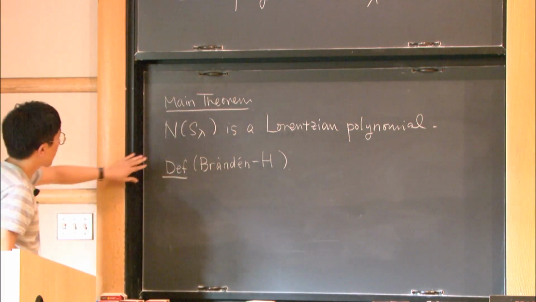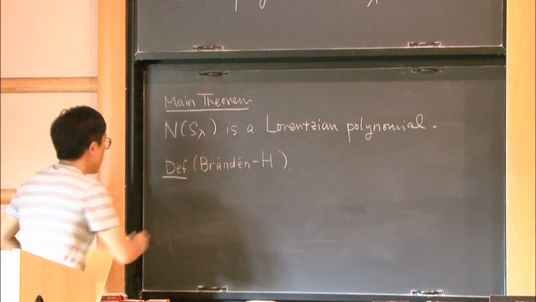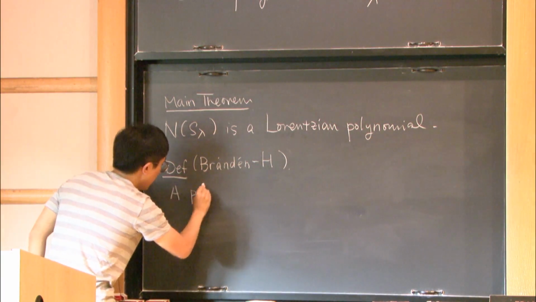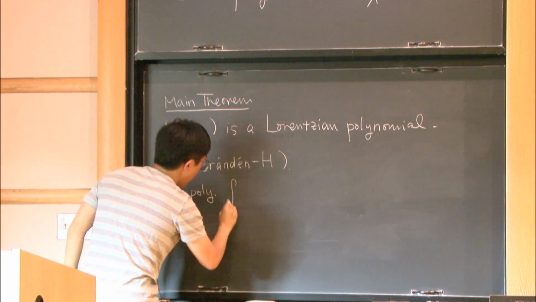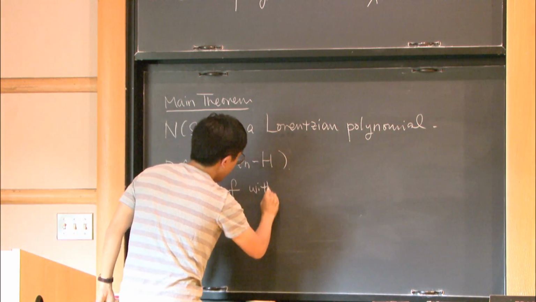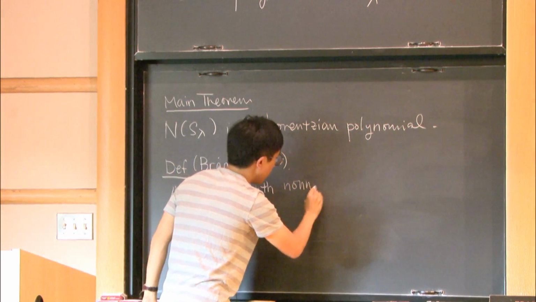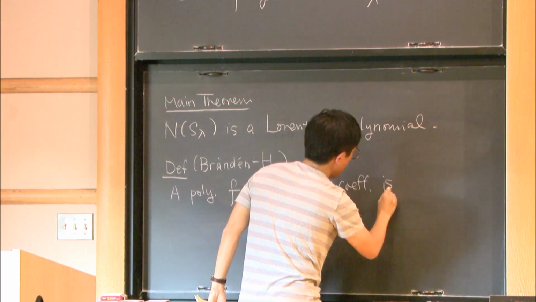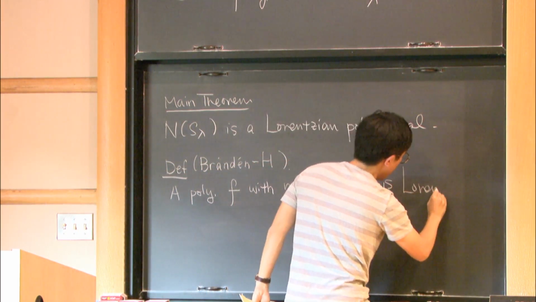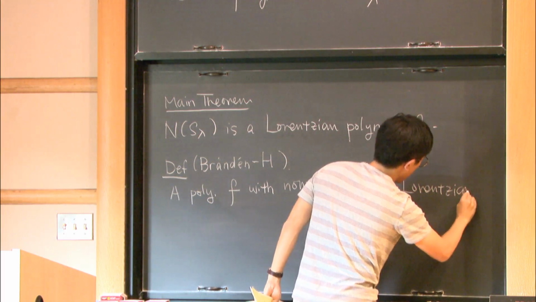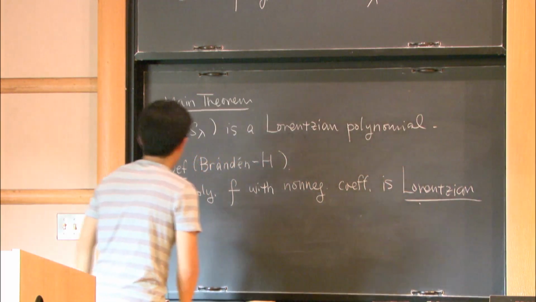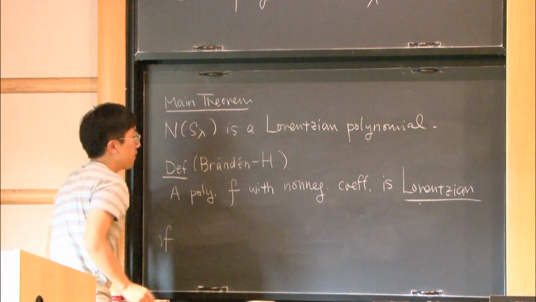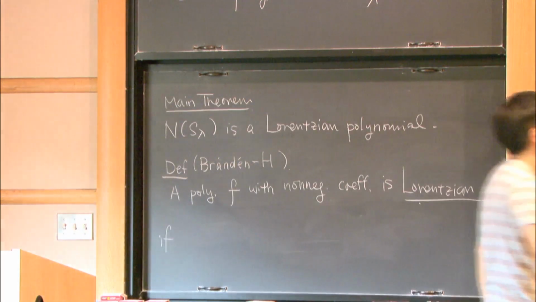A polynomial f with non-negative coefficients is Lorentzian if you have two conditions.